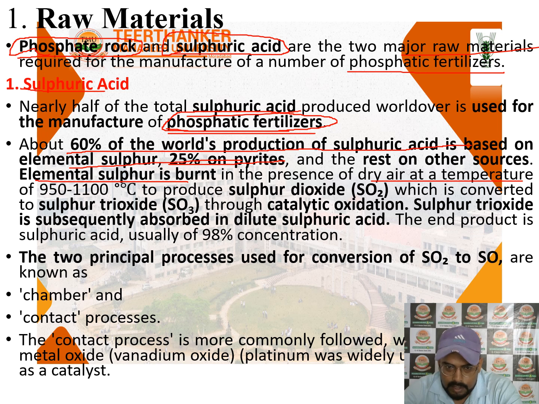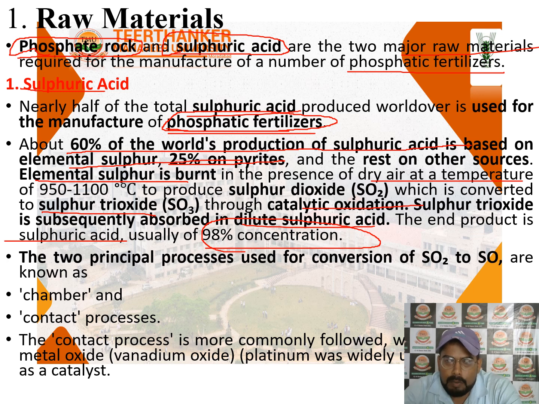It is converted to sulfur trioxide through catalytic oxidation. The sulfur trioxide is absorbed in dilute sulfuric acid, and the end product is sulfuric acid, usually 98% concentrated.